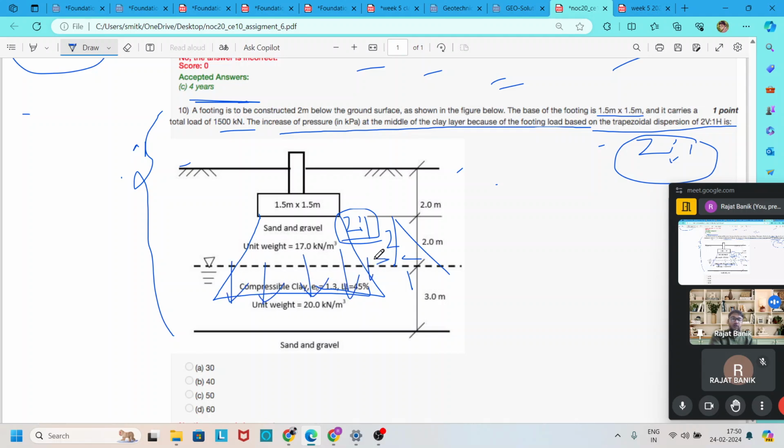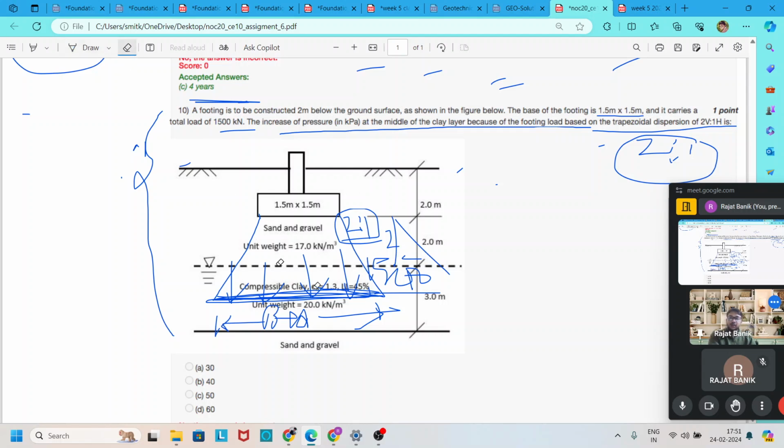To find the increased pressure, we need to find the width of this trapezoid at the middle of the depth, which is B plus D.